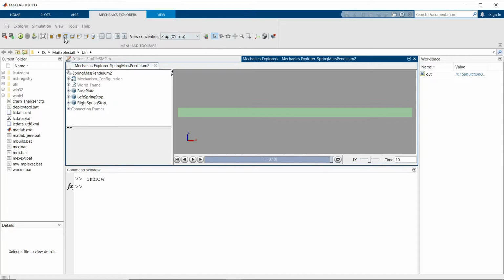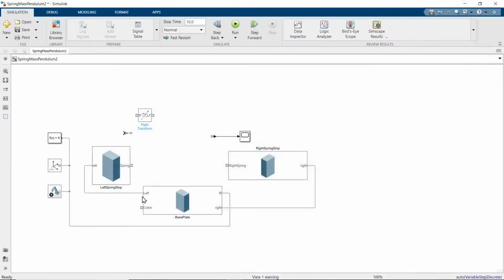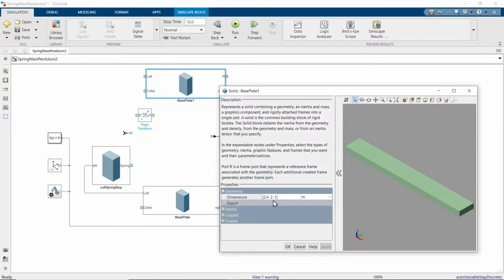Now we take a look at the top view, and it looks okay so far. Just a plate with two stops on either end. Now we're going to put a collar in the middle. Okay, here they are. Okay, collar, we need to just copy it again, copy another part, and the collar we said is 0.1 by 0.1 by 0.1.